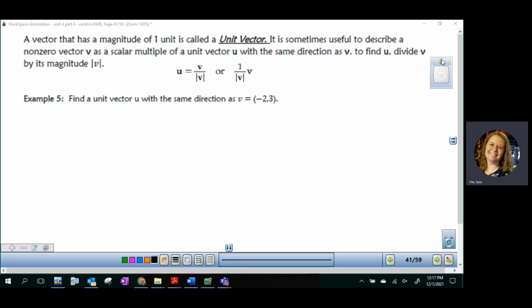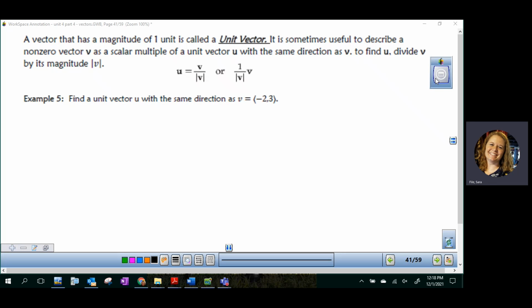Now, it is sometimes useful to take some vector and rewrite it as a scalar multiplied by a unit vector, going in the same direction as whatever that original vector was. To get the unit vector that would go in the same direction as some other given vector, you would take the given vector divided by its magnitude. Okay, that's how you would do this.